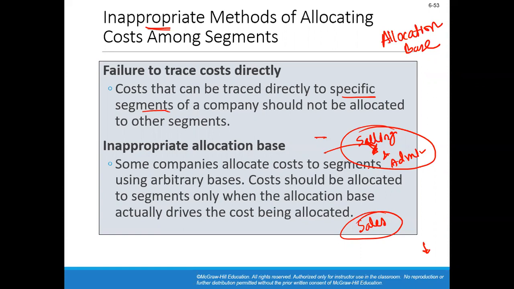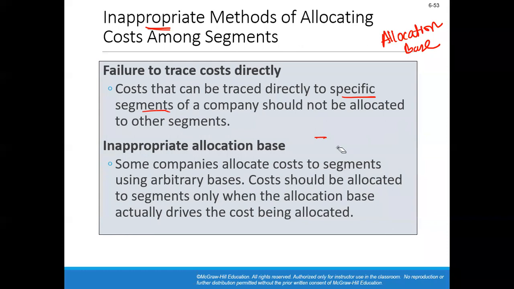In segments with similar selling and administrative expenses, some generate more sales, and they should not be penalized by being charged more because they are selling more. Selling more does not always mean that they are incurring more selling and administrative expenses.